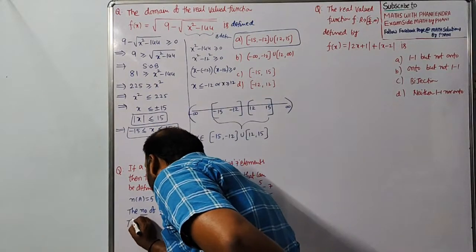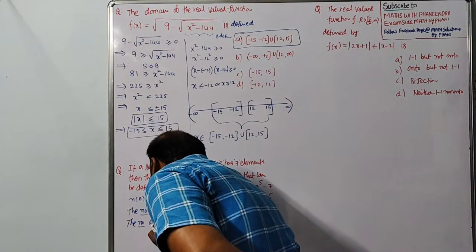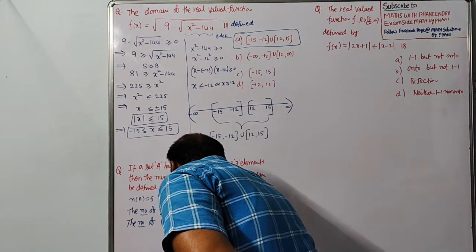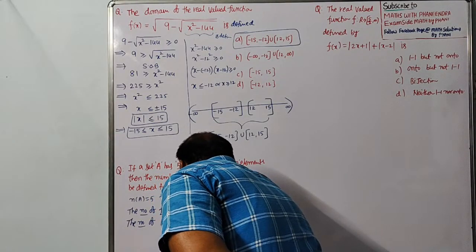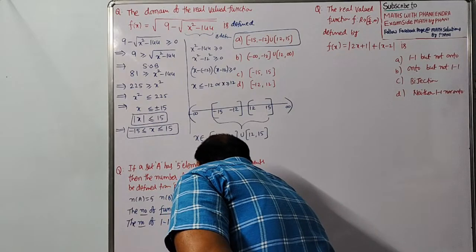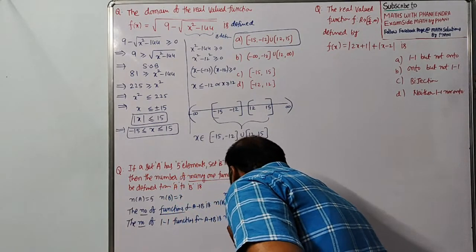Number of one one functions from A to B is n of B P n of A.